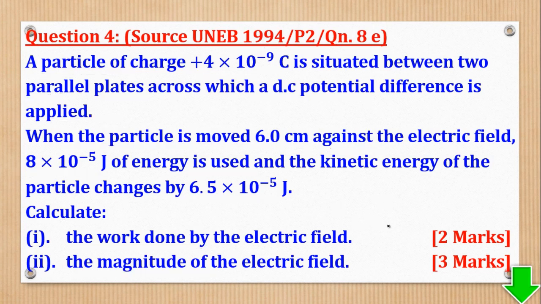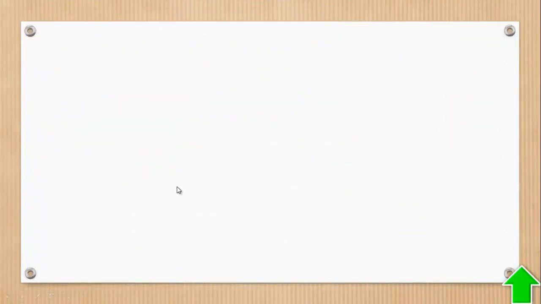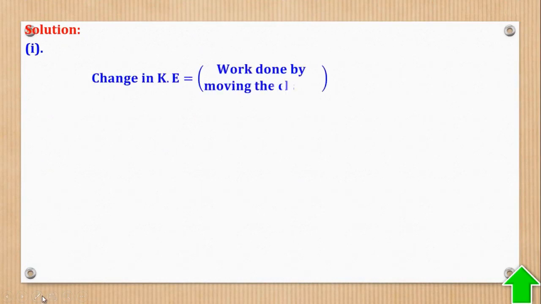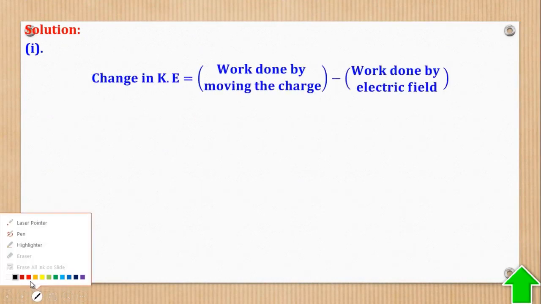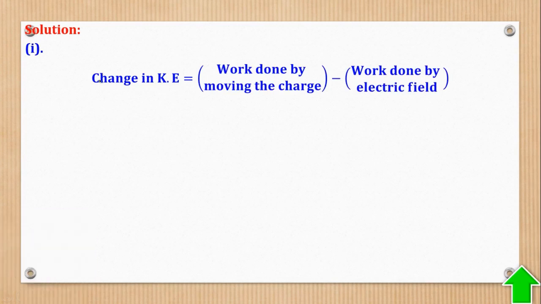So we shall start by Roman 1. We already know that change in kinetic energy is equal to work done in moving the charge minus work done by the electric field.